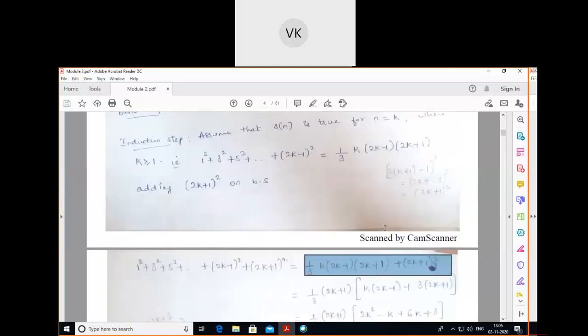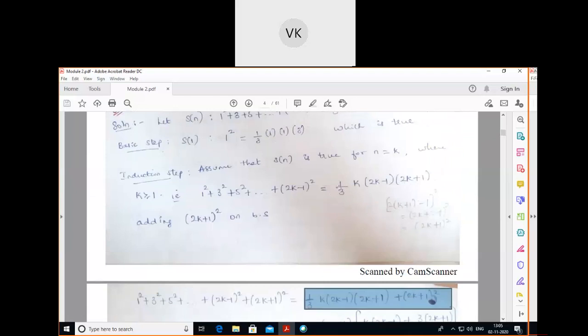How will the result be? You see here, 1 by 3 is there. Just replace k by k plus 1 here: 1 by 3, k plus 1, 2k plus 1 minus 1 is what here? 2 into k plus 1 minus 1, 2k plus 2 minus 1 is 2k plus 1.